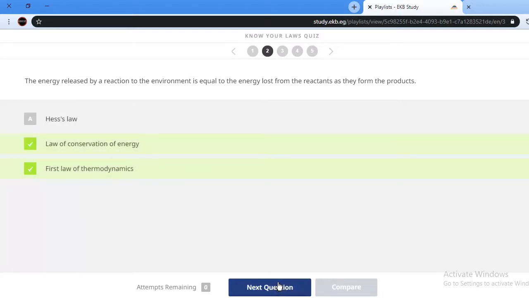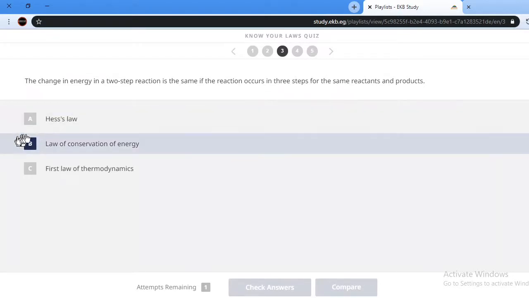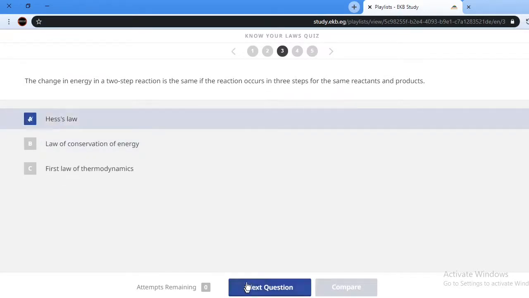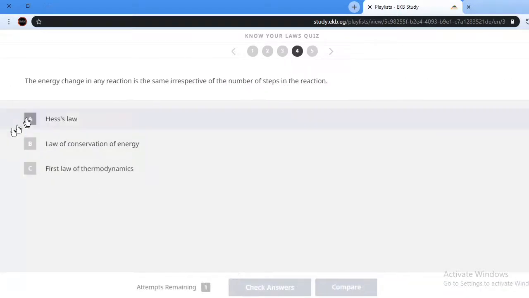Next question. The change in energy in a 2-step reaction is the same if the reaction occurs in 3 steps for the same reactant and the product. Hess law. The energy change in any reaction is the same irrespective of the number of steps in the reaction. Hess law.